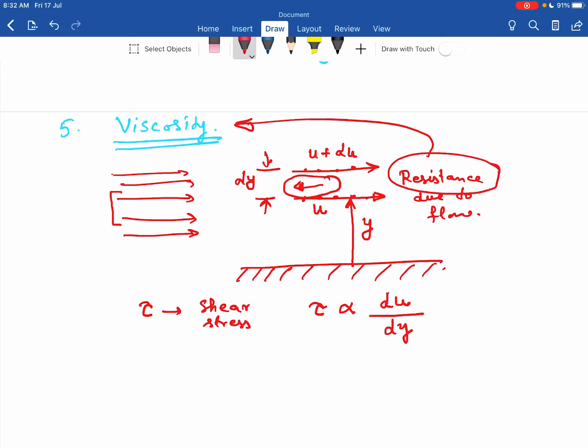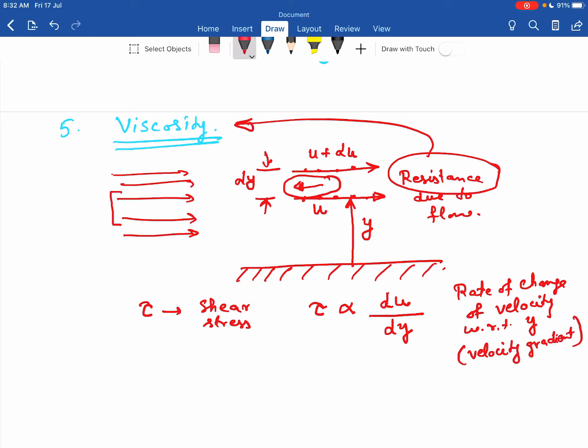Now this du by dy is also called the rate of change of velocity with respect to y, or we can also call it the velocity gradient. Okay, so now you can write tau with an equality sign, equal to a constant of proportionality times du by dy.